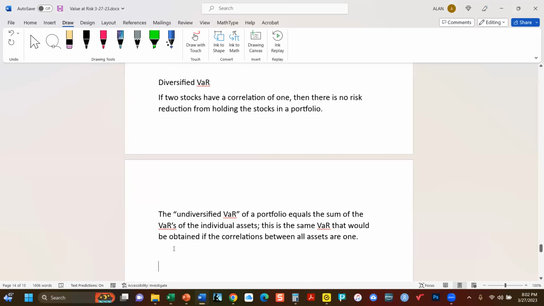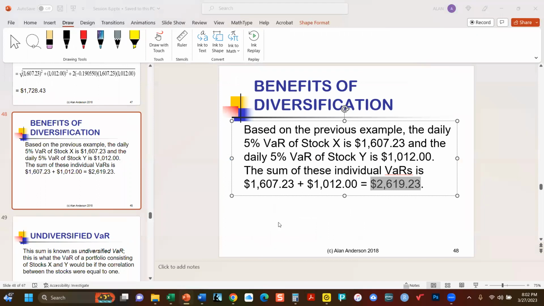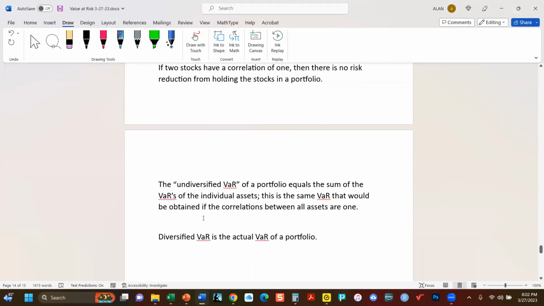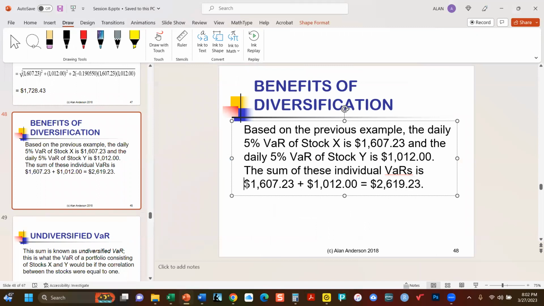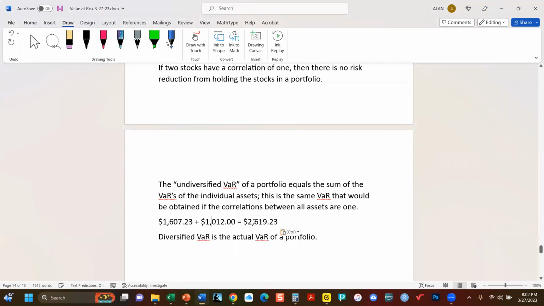Now the diversified VAR is the actual VAR of the portfolio. Now, in the example we had here, for example, we saw the sums of these two. Let me just copy this. So that would be the undiversified VAR.